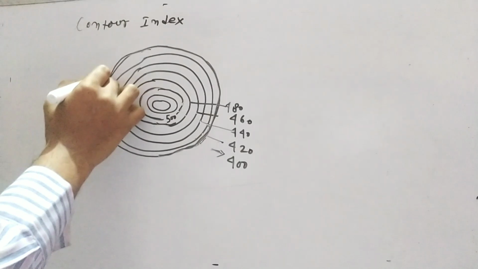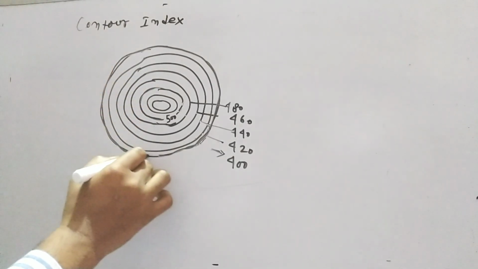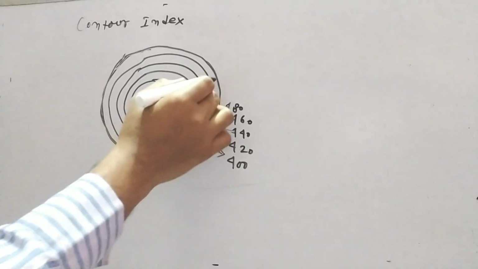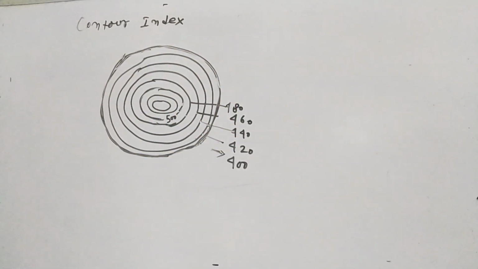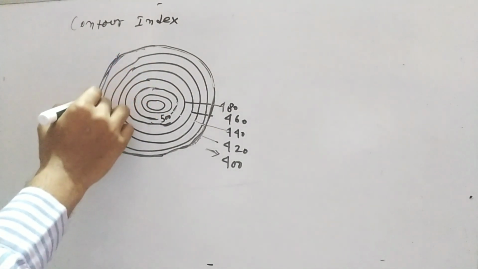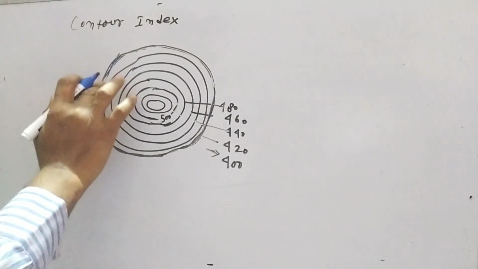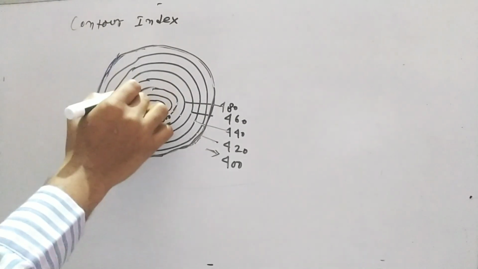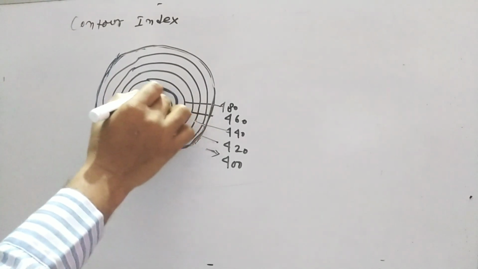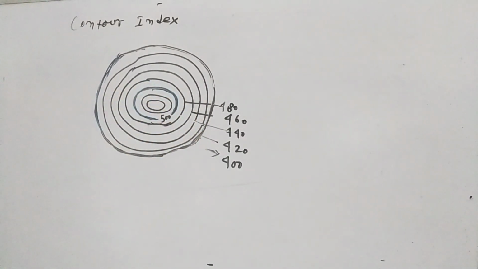As I told you, every fifth line is bold, so this bold line, this one and this one, are contour indexes.